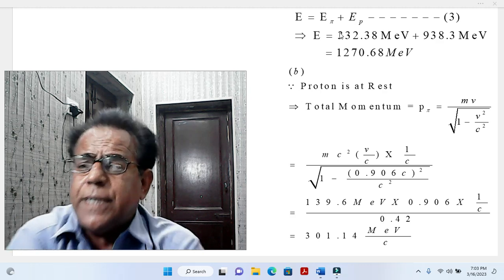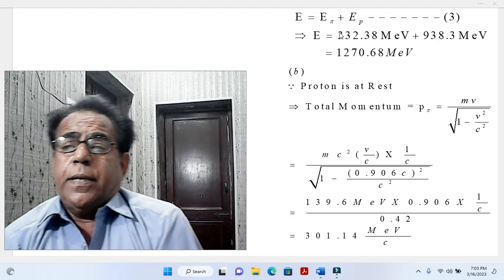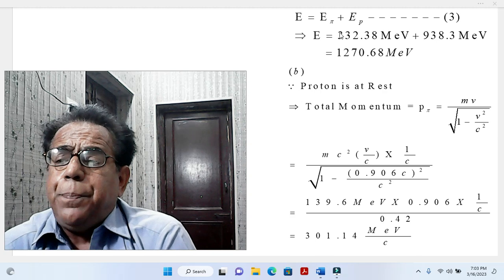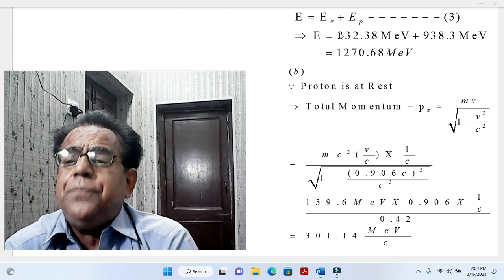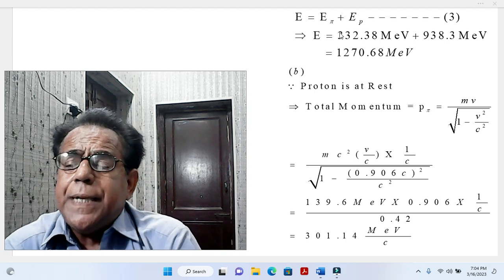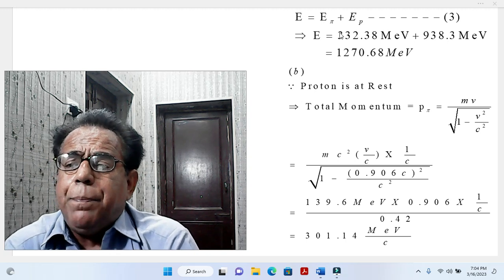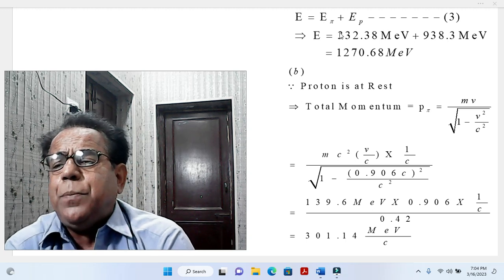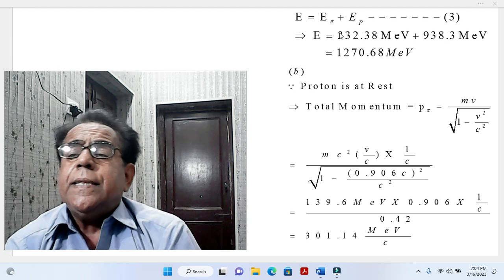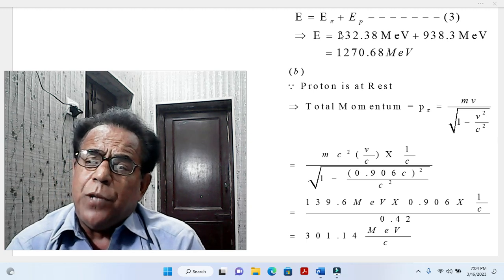Here we have multiplied and divided it by c square. If we multiply and divide m by c square, there will be no difference, because c square will cancel out with c square.